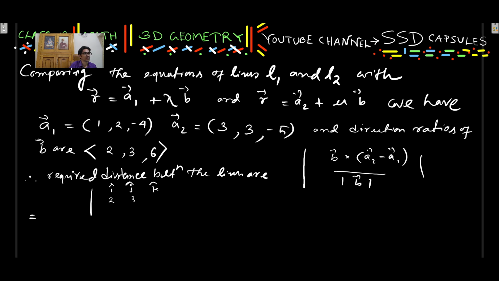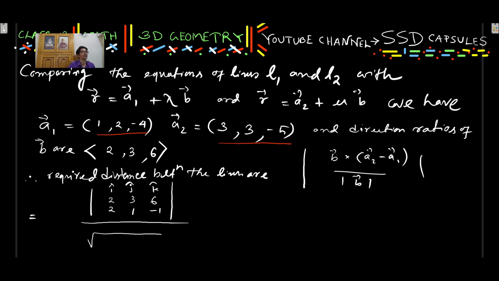A2 vector minus A1 vector is 3 minus 1 is 2, 3 minus 2 is 1, minus 5 minus of minus 4, plus 4, so minus 1. Close the determinant, divided by the magnitude of B vector.